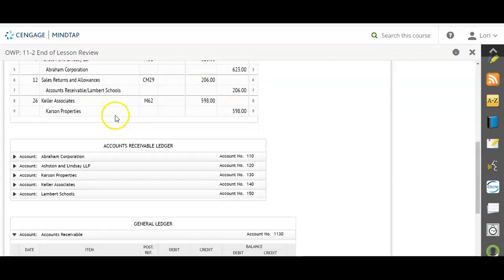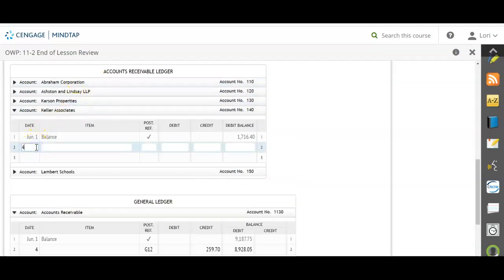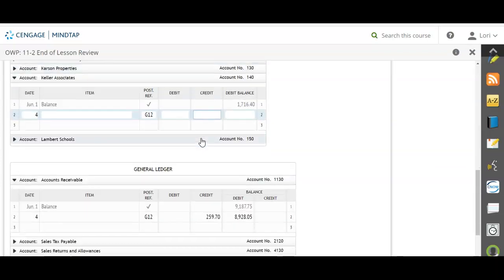Now we're going to Keller Associates. It is the 4th, G12, and we are crediting for $259.70. And I'm now going to subtract that: 1,716.40 minus 259.70.